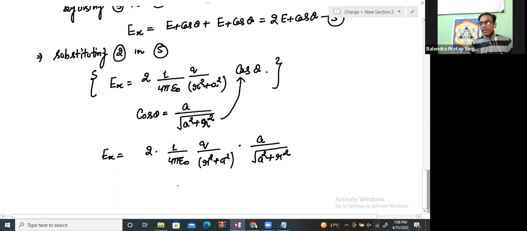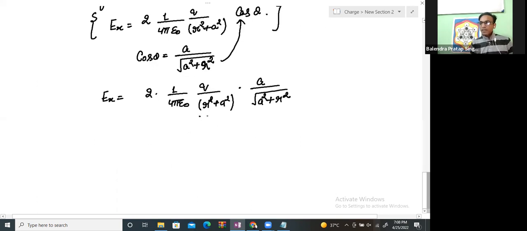Now we can do some calculation and rearrange this term. Here the power is 1 and here the power of r square plus a square is 1 by 2, so I'm removing the square root and writing the power 1 by 2.